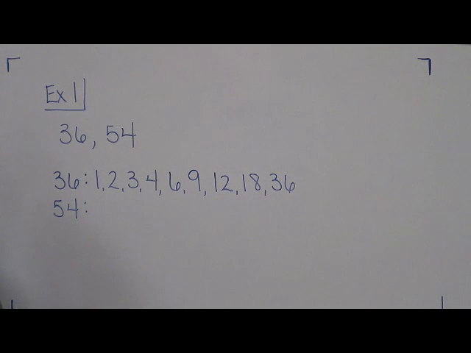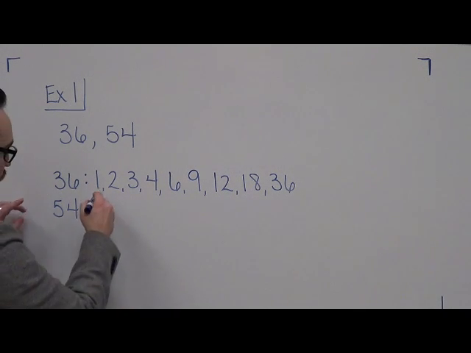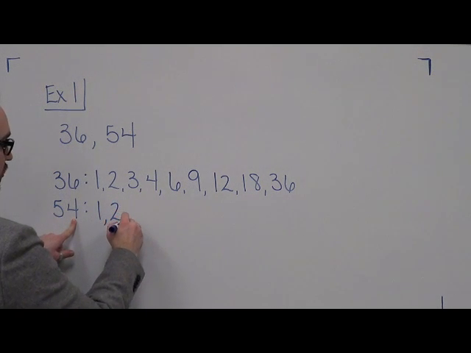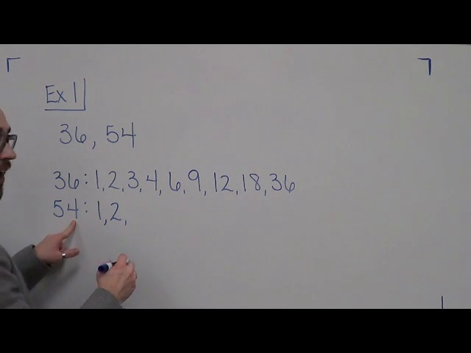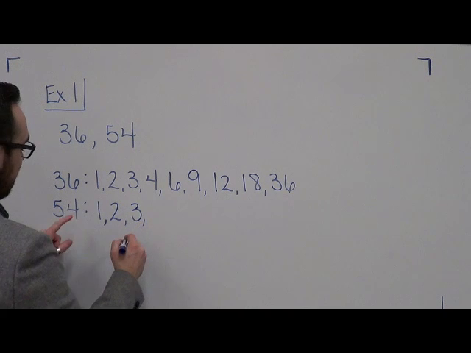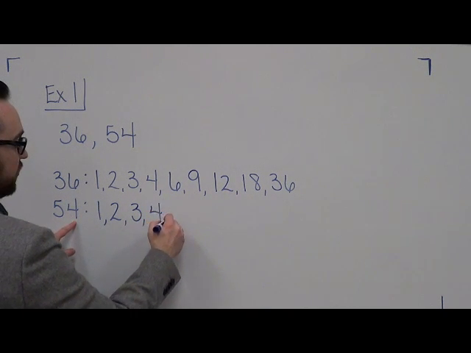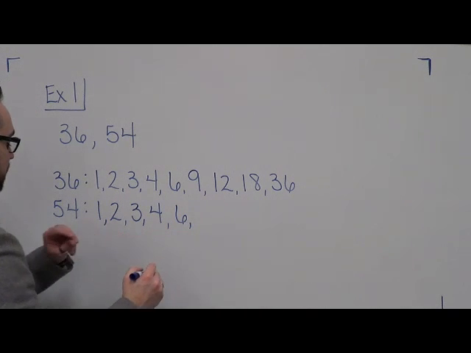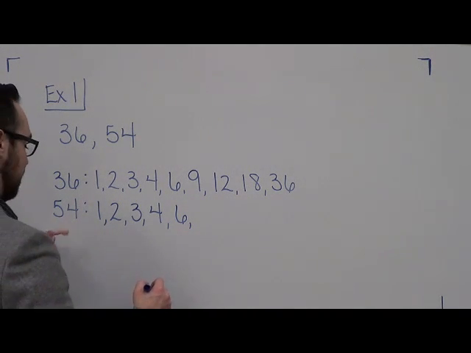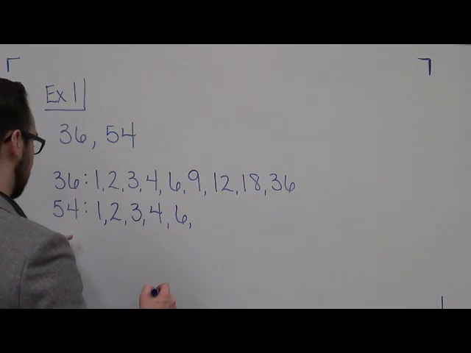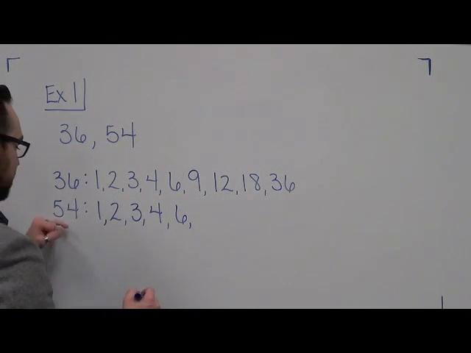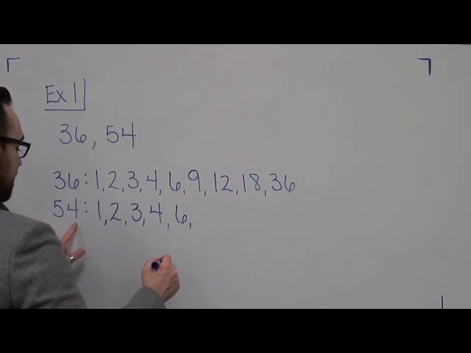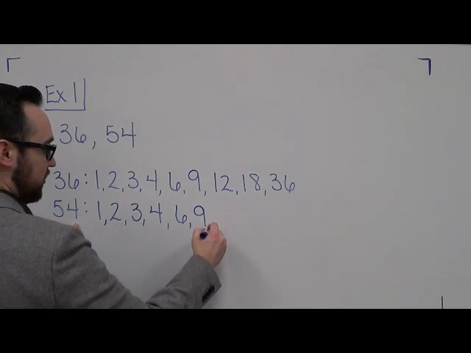So let's go through our divisibility rules. Well, 1 we know is always there. It's even, so it's 2. 5 plus 4 is 9, so that means it's 3. Not divisible by 4, so it's not 4. 2 and 3, so that means it's 6. Not 7. Not 8, because 54 is not divisible by 8. 9, because 5 plus 4 is 9, so we know that works.